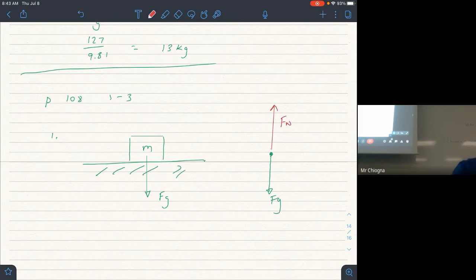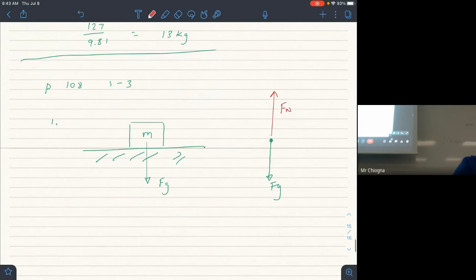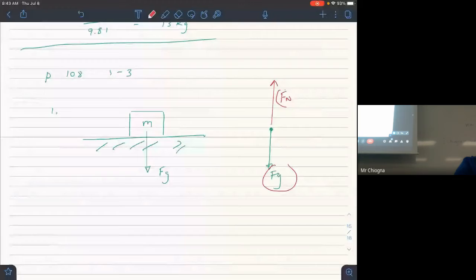It's perpendicular. If the surface was here, that's the free body diagram. You don't add anything more to it, just the forces, and label the forces. So if we know what FG is, since Fn is equal, we know what Fn is.